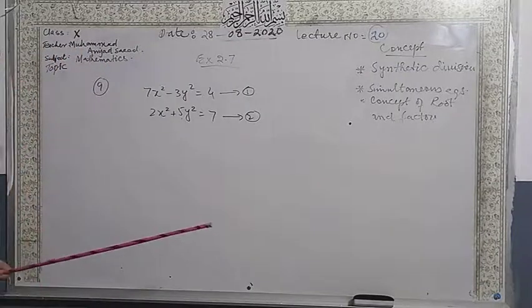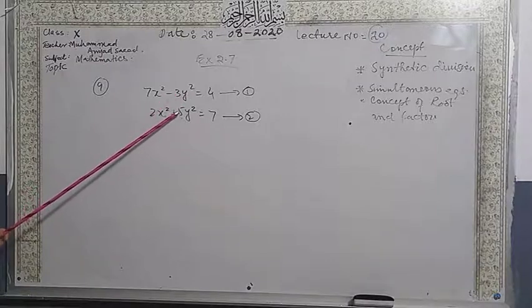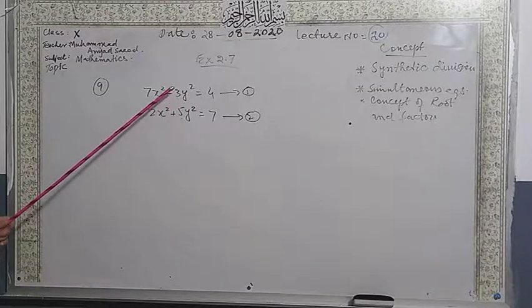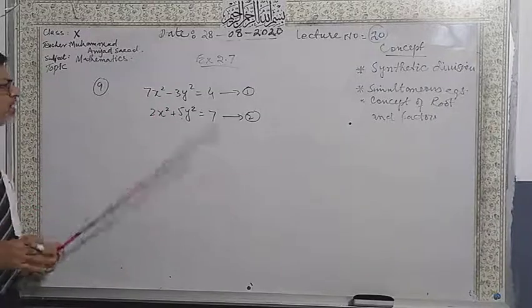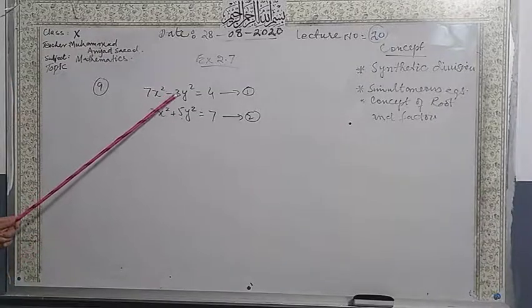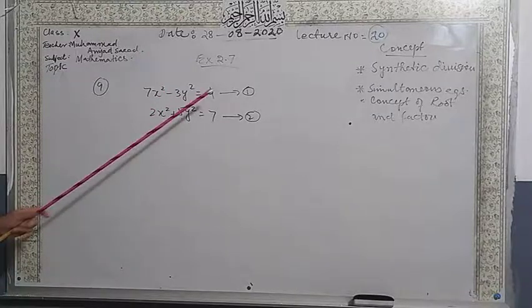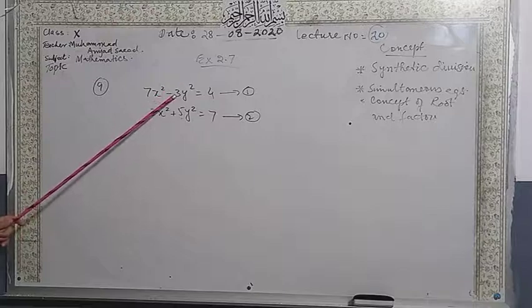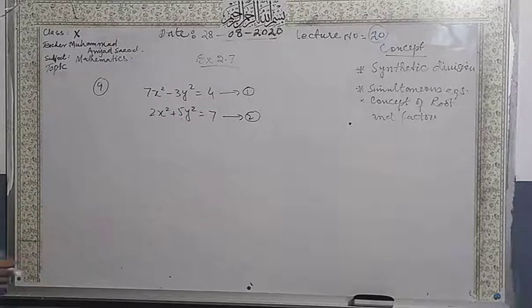For example, in the first equation you have minus 3 here and this is 5. We have to make the coefficients the same. Very easy. Cross multiply, 3 with 5 and 5 with 3. So it means that equation number 1 is multiplied by 5 and equation number 2 is multiplied by 3.